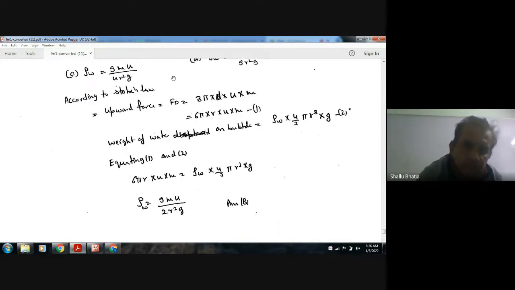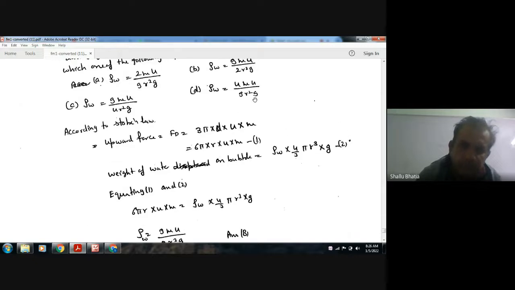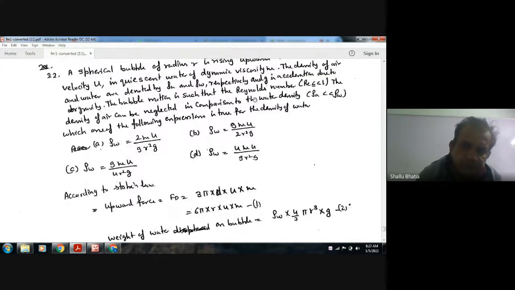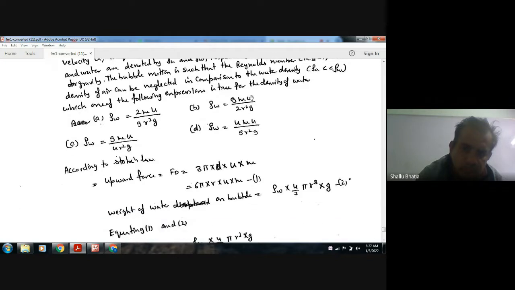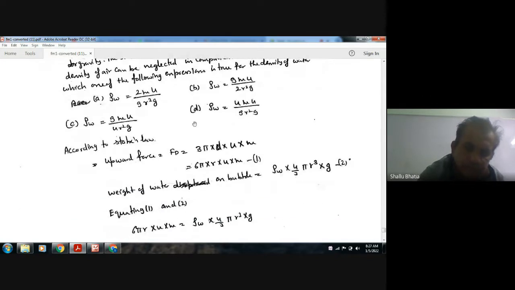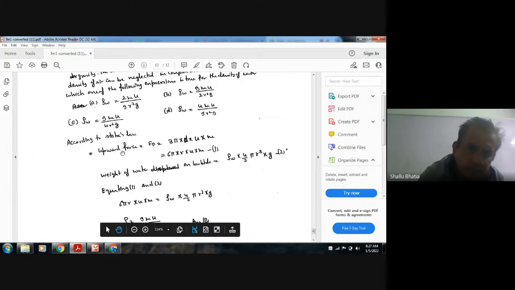According to Stokes law, the drag force is 3 pi d mu u. Here there is one mistake. As the bubble is rising upward, the drag force will act in the downward direction.